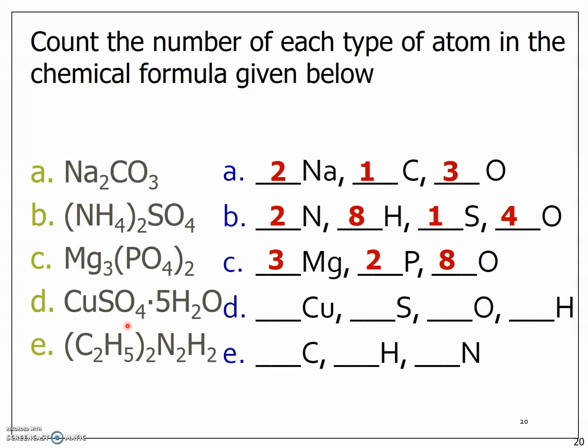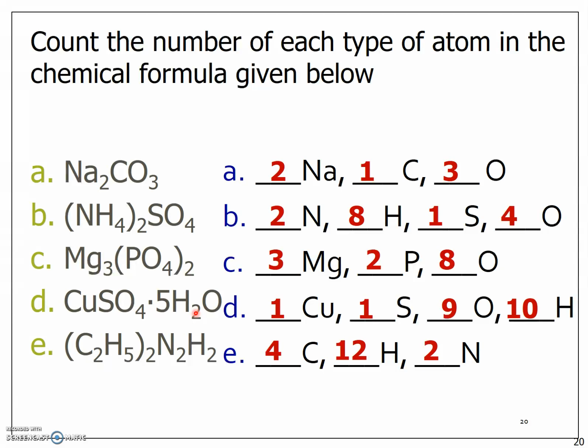So this 5 does not affect this copper or the sulfur or this oxygen, but it does affect this oxygen. So you have 1 copper, 1 sulfur, 4 oxygens from this compound, plus 5 from water. And then you have 5 times 2 hydrogens. And more practice with the parentheses.